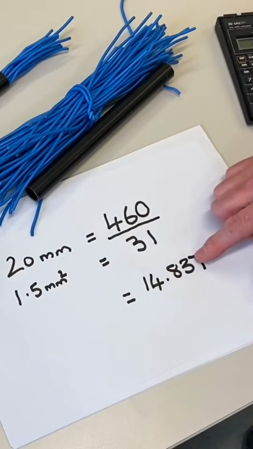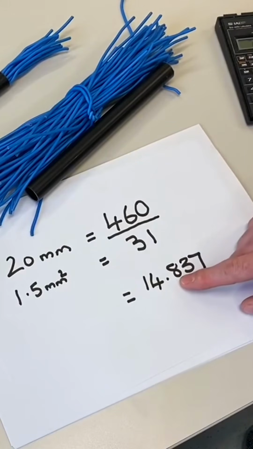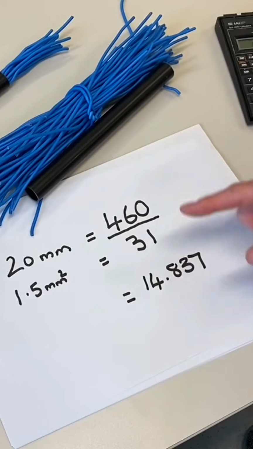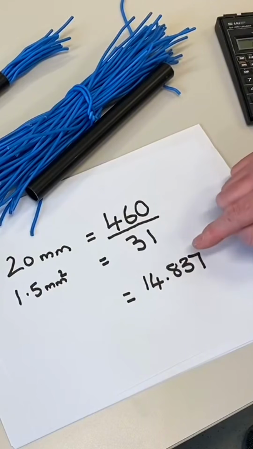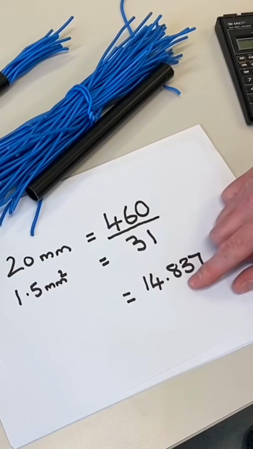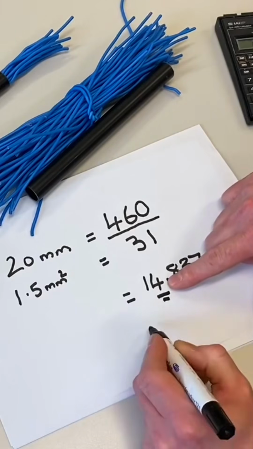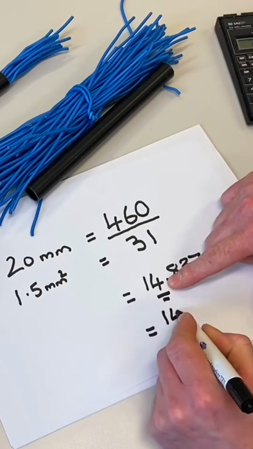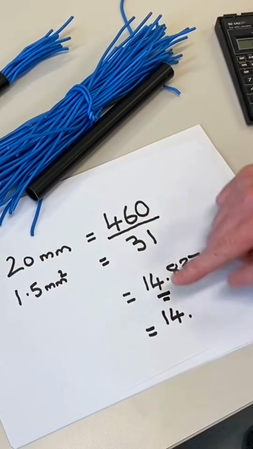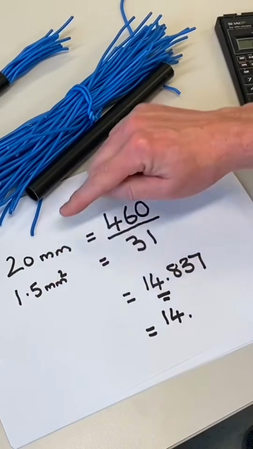Often you round up, don't you? So we're beyond the 5 after the decimal point, so we would round up. However, every single one of these calculations needs to be rounded down. The maximum number of conductors you can install in there is 14. So 14 being the maximum number that we can install of 1.5mm squared within a 20mm conduit.